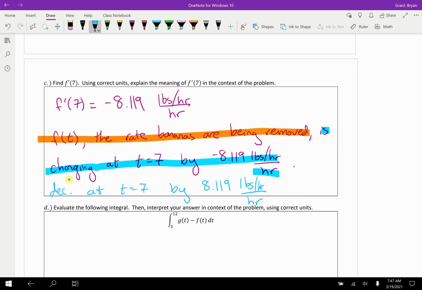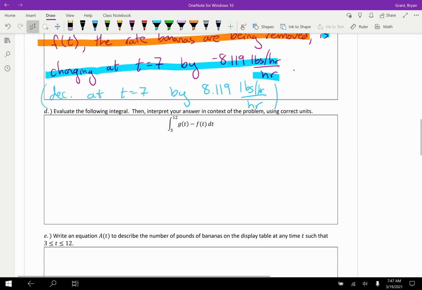And notice if you say decreasing, you need to put a positive rate because decreasing already implies a negative. If you put an extra negative and you decrease by a negative rate, now you're increasing again, and that's no good. So you could say this if that makes you feel happier, but changing is just the safer way, right? This is the rate of change, and that's it. That's all the work we need.